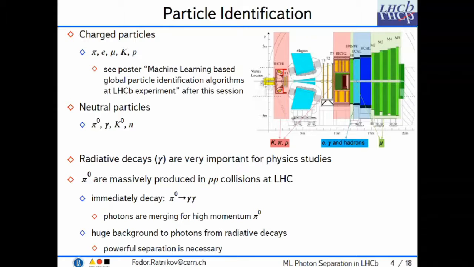Why? Photons are very important from a physics perspective. The radiative decay gives us a lot of information from one side. From another side, pi zeros are produced heavily in hadronic interactions, and every pi zero immediately decays into 2 photons.